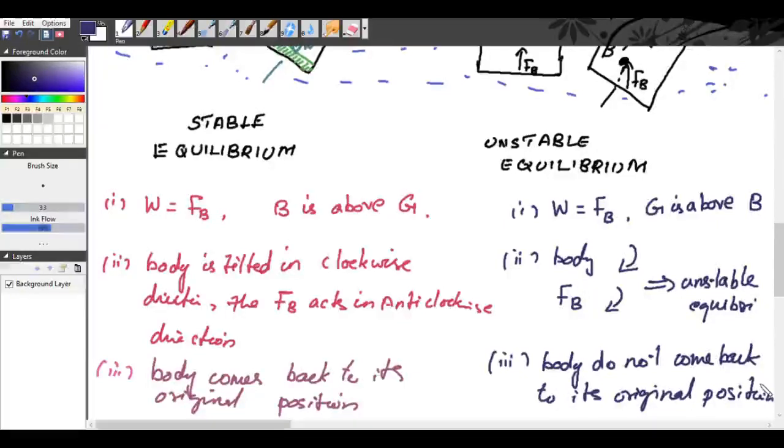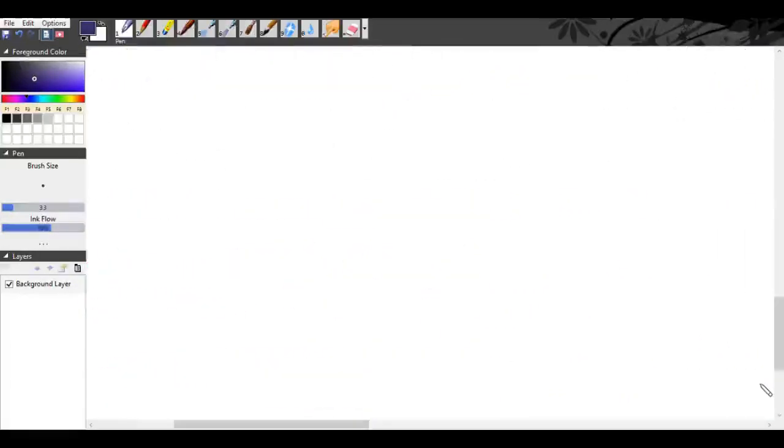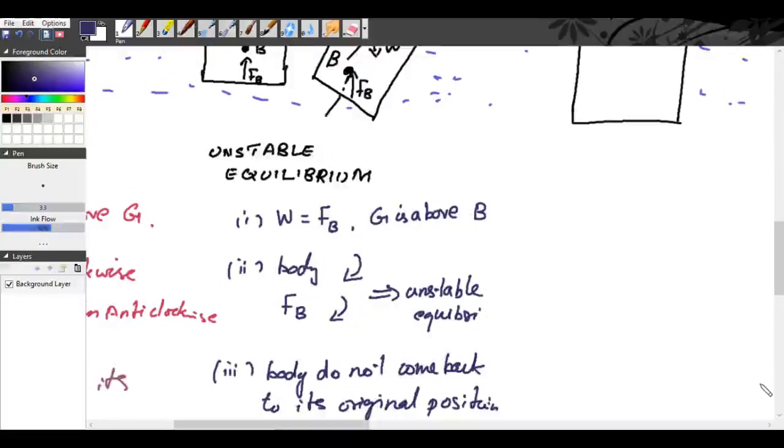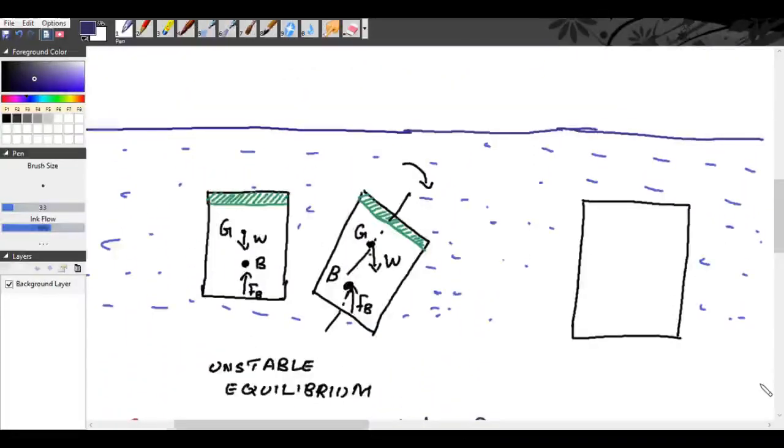Now the third condition is neutral equilibrium. So okay, this is the condition for neutral equilibrium. So for neutral equilibrium, both the center of gravity and center of buoyancy coincide, they lie at the same point.